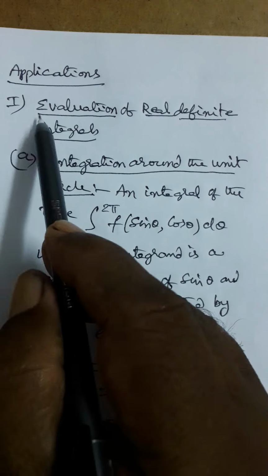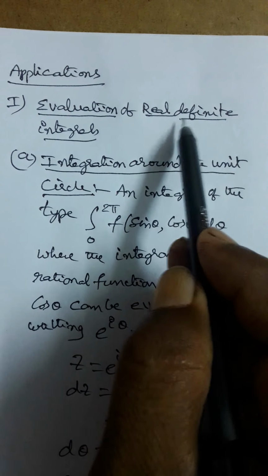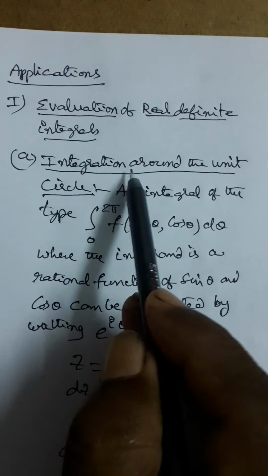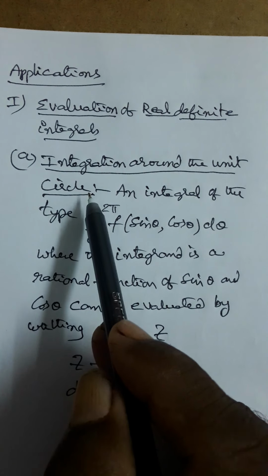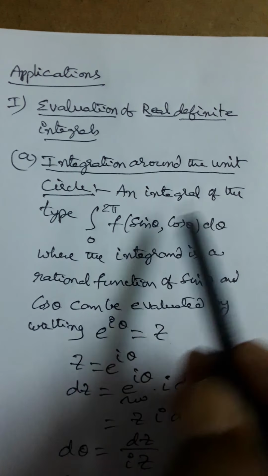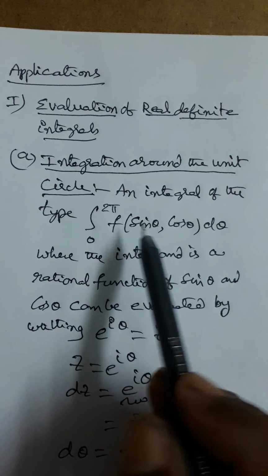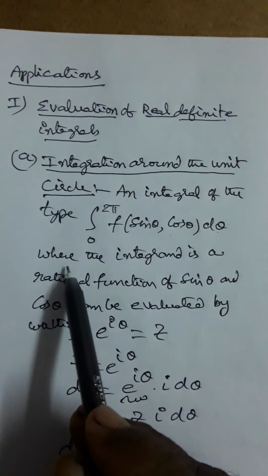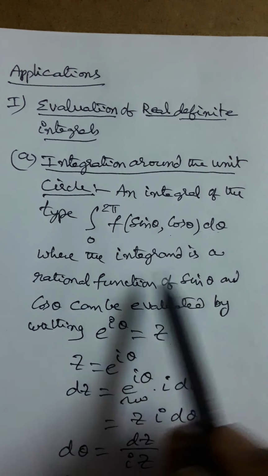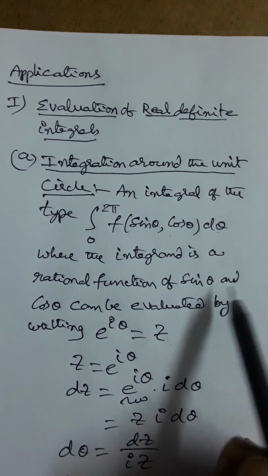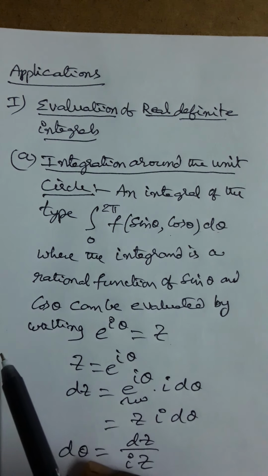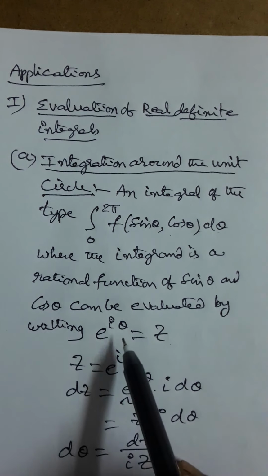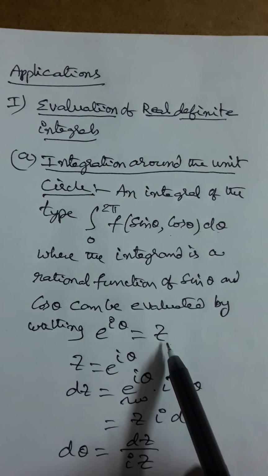Applications. Number 1: Evaluation of real definite integrals. In this, A: integration around the unit circle. An integral of the type integral 0 to 2π of f(sin θ, cos θ) dθ, where the integrand is a rational function of sin θ and cos θ, can be evaluated by writing e^(iθ) = z.